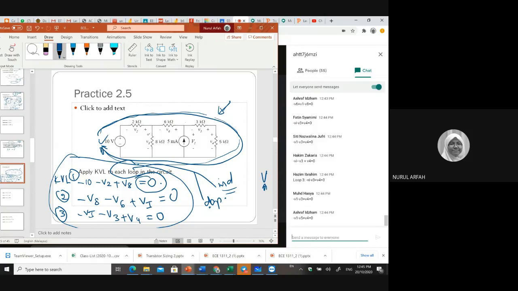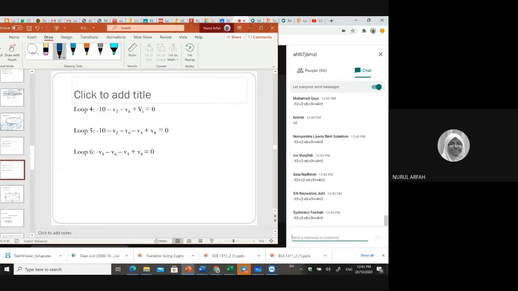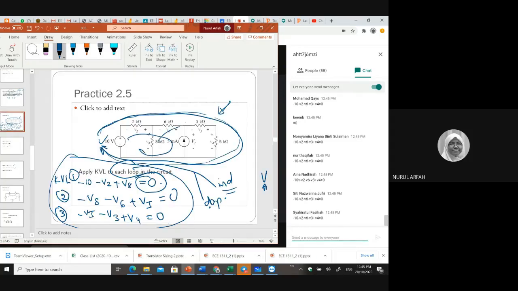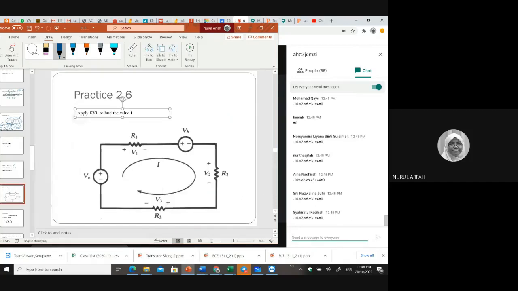Anyone can suggest your answer here? Okay, negative 10 minus V2, yes. Minus V6, yes. Minus V3, yes. Plus V4 equal to 0. Yeah, correct. Very good. Okay, thank you, volunteers. The one they give the loop 4 and loop 5 is coming from this part and also this part. So you can just go through the answer.